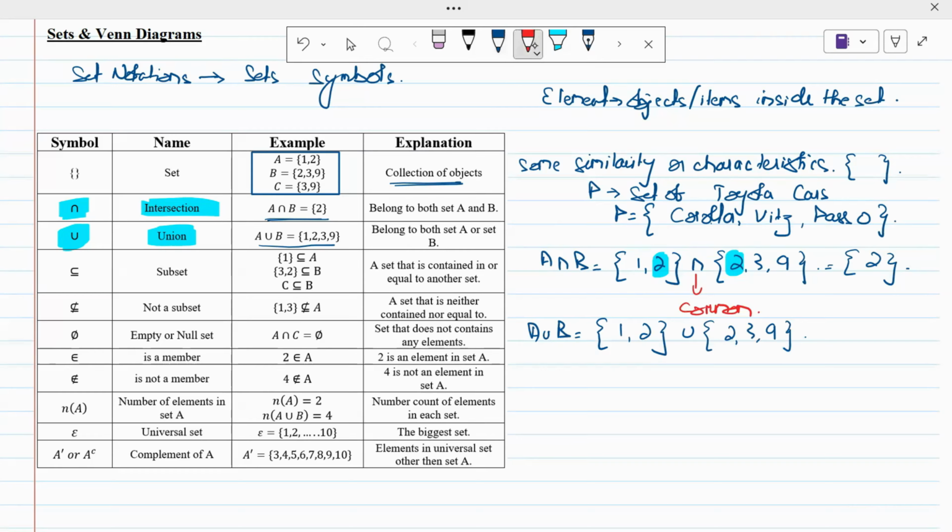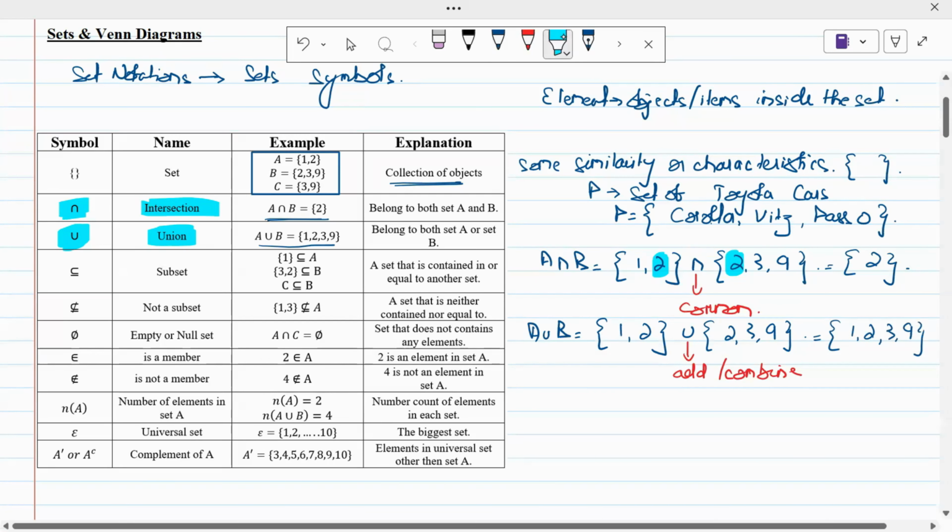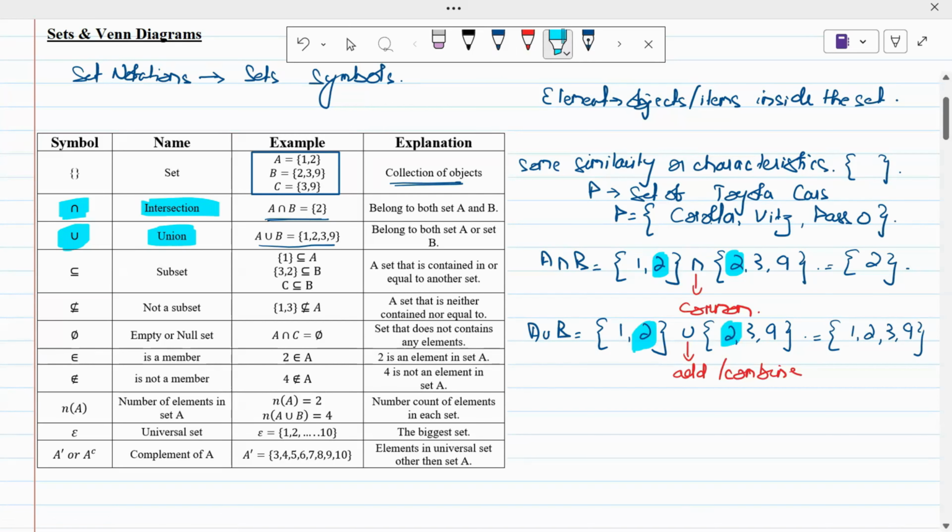So union means you combine the elements of the two sets, and you will get 1, 2, 3, 9. Please note one thing: 2 was common between the two sets. You don't need to write the elements twice. 2 is there in both sets, so you write 2 once only.